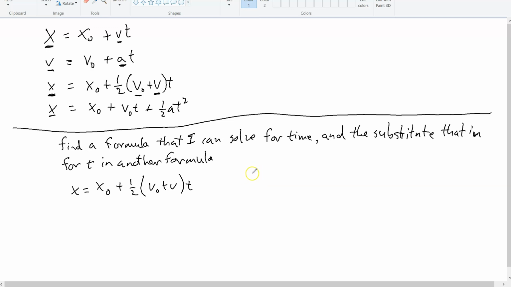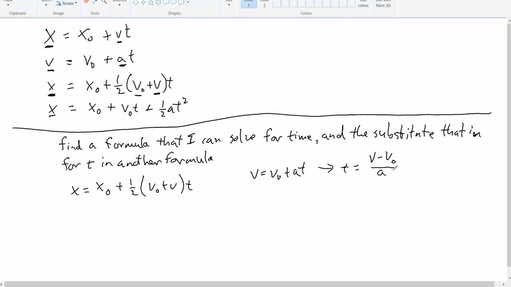And so if we start with v equals v0 plus at, we can solve for t by first subtracting v0 from v, and then dividing by a, and that will give us t equals v minus v0 over a.